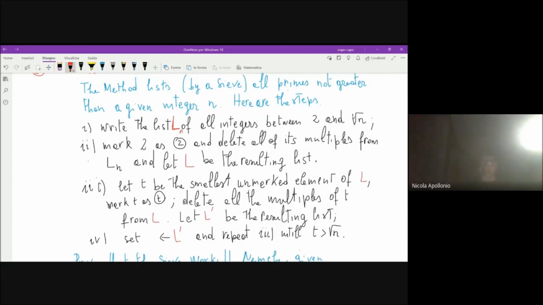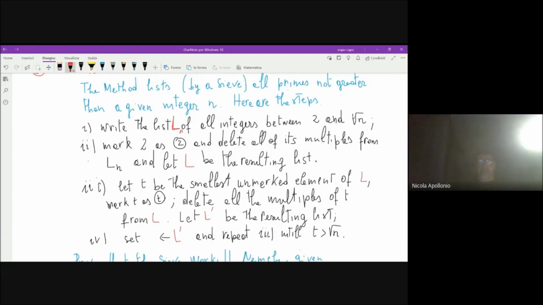When you have done that, just delete from the list all the even numbers up to 27. Now we have a reduced list, which means all the proper multiples of 2 are removed.